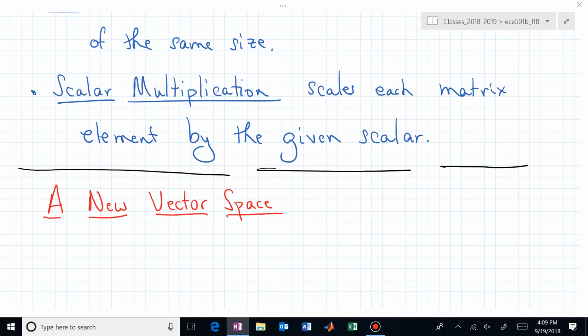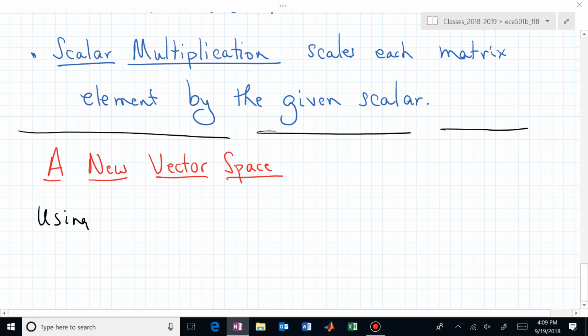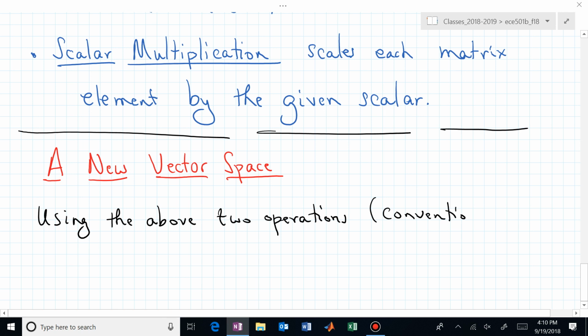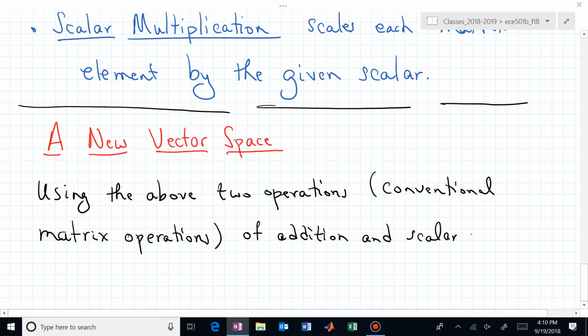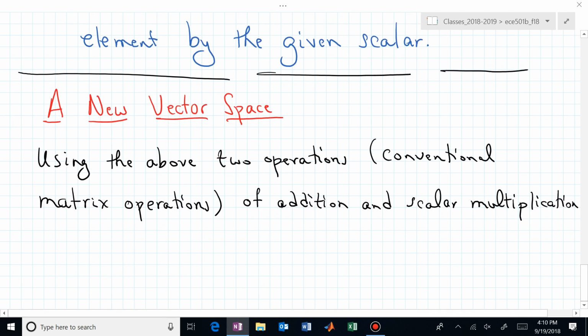So now let's say that we are using the above two operations, and these are really conventional matrix operations, of addition and scalar multiplication applied to matrices.